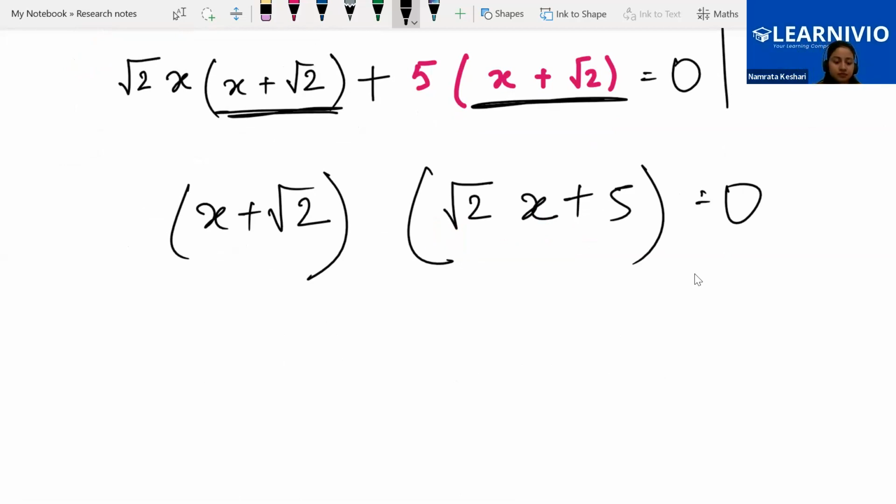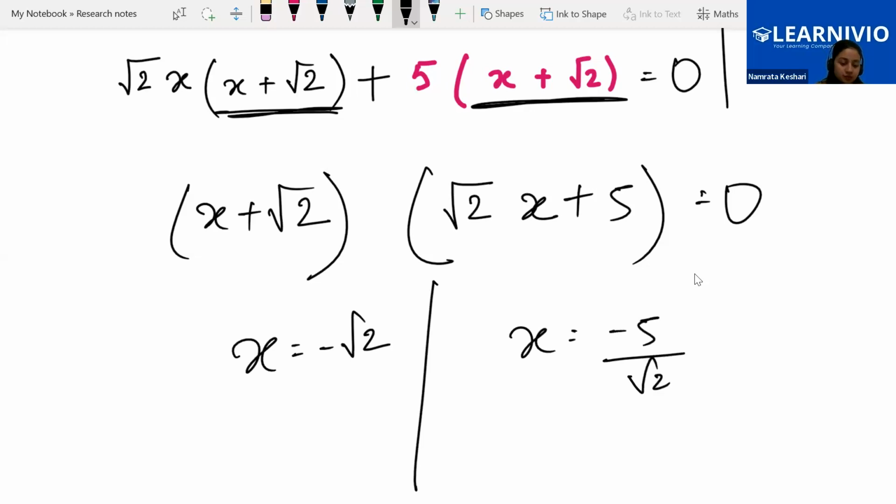Ma'am, x is equals minus root 2 or x is equals minus 5 by root 2. X equals to minus root 2 and x equals to minus 5 by root 2. Abdul, are you getting it? Yes. Okay.